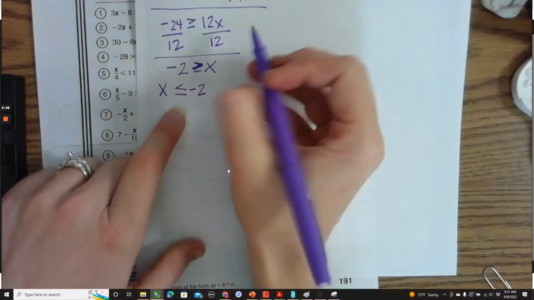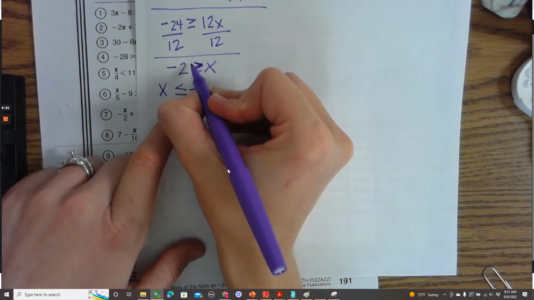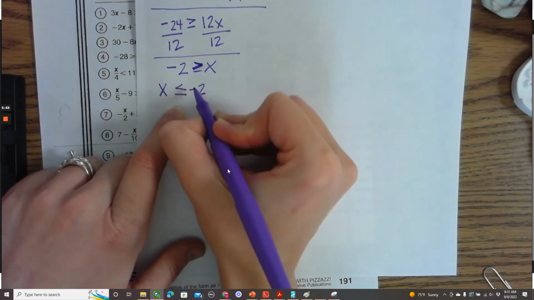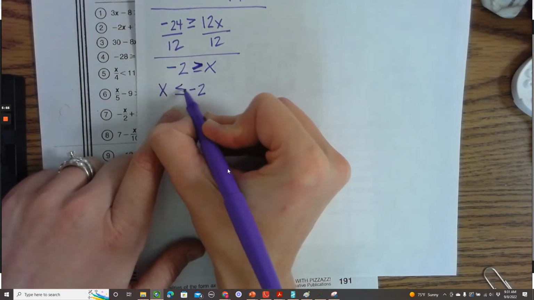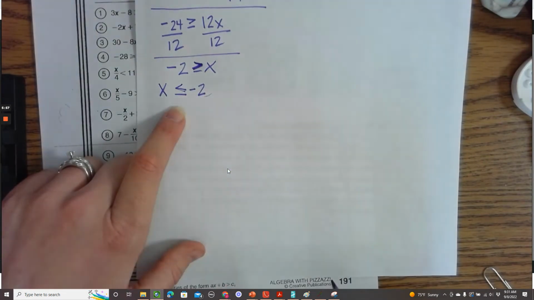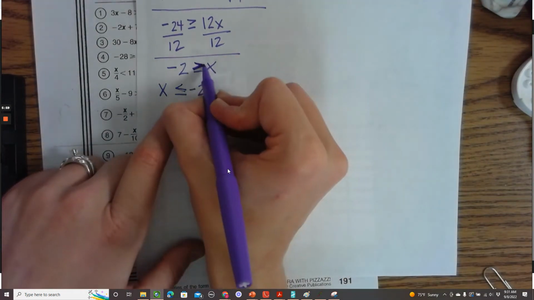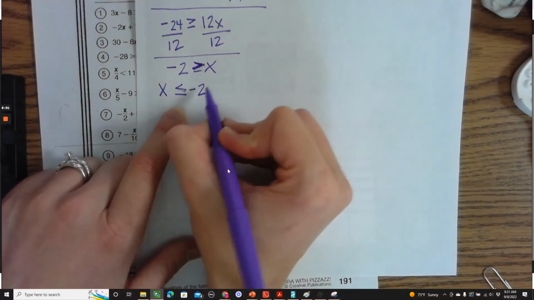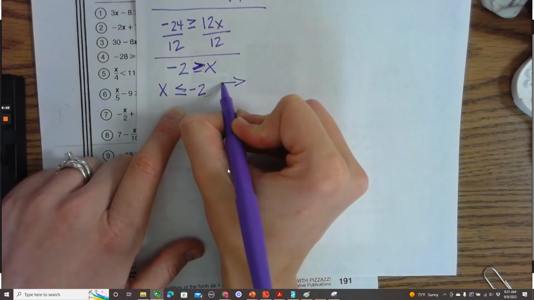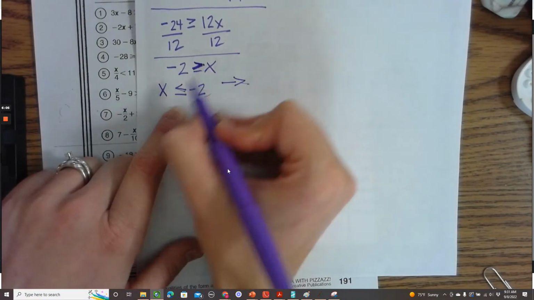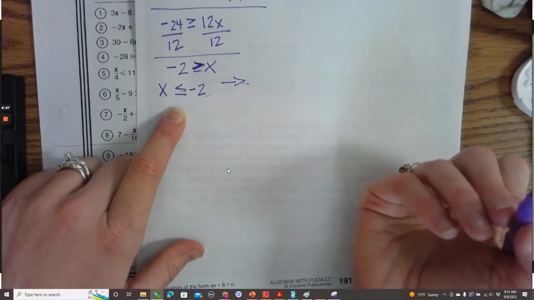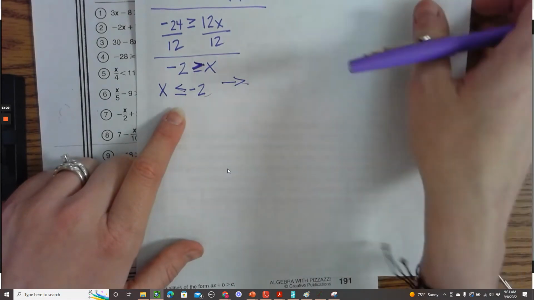What I always tell kids is, if it's opening up towards the negative 2, the opening still has to be towards the negative 2. Or if you think of it like an arrow, if the arrow is pointing towards the x, it has to keep pointing towards the x.